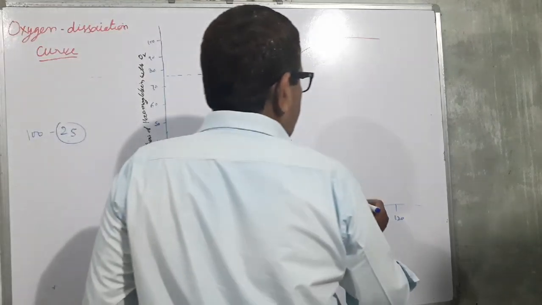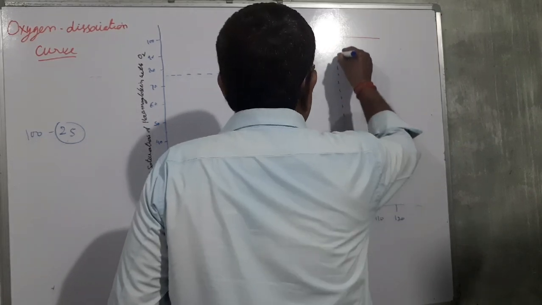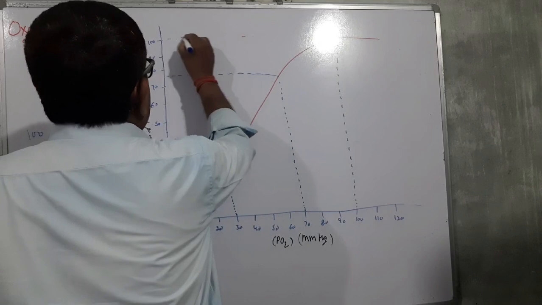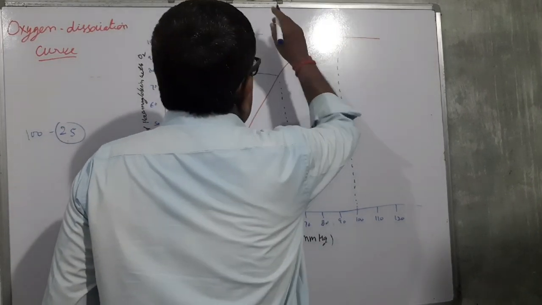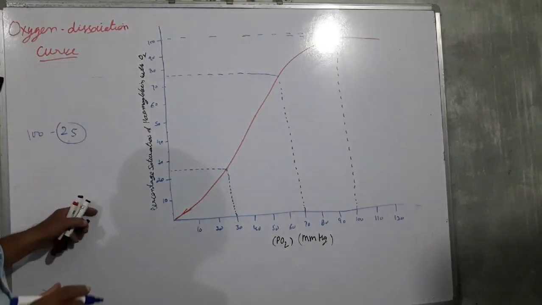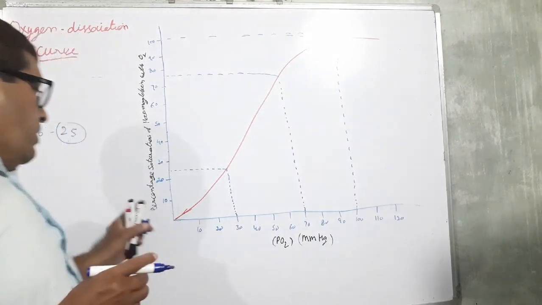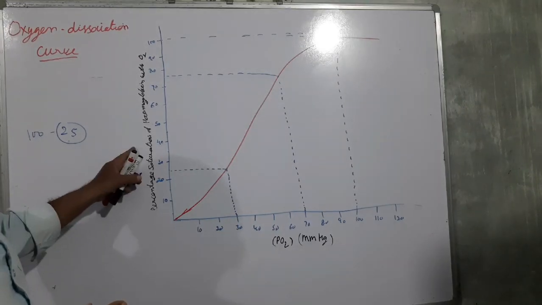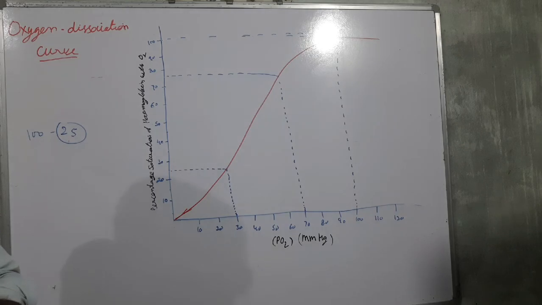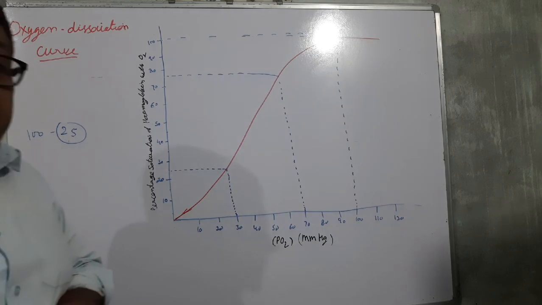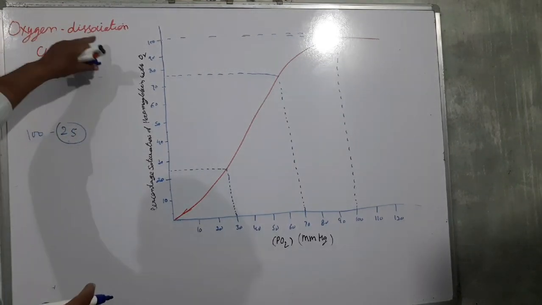If we increase it further, nearly 100% of molecules will be saturated. So as we increase the partial pressure of oxygen, the percentage saturation of hemoglobin also increases. There are a few factors which affect the oxygen dissociation curve.